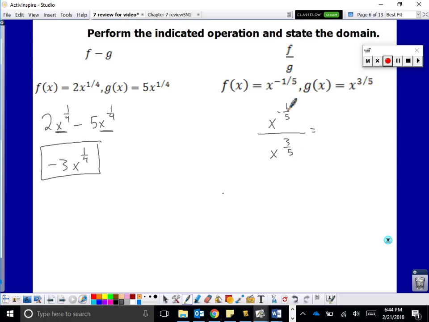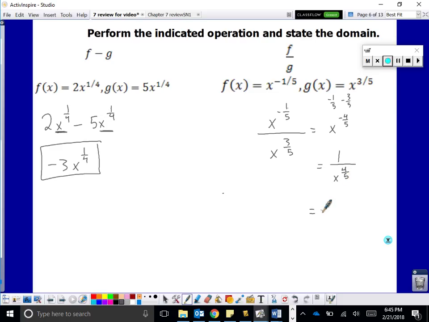So I'm going to take negative 1/5 minus 3/5, which is going to give me x to the negative 4/5, which is going to give me 1 over x to the 4/5.